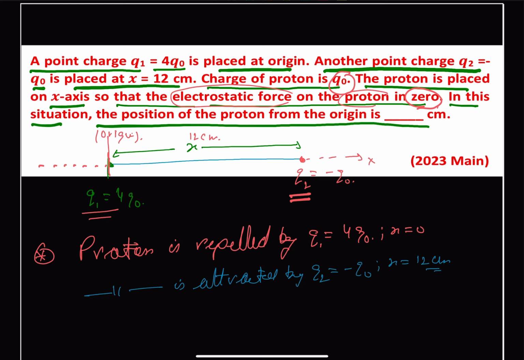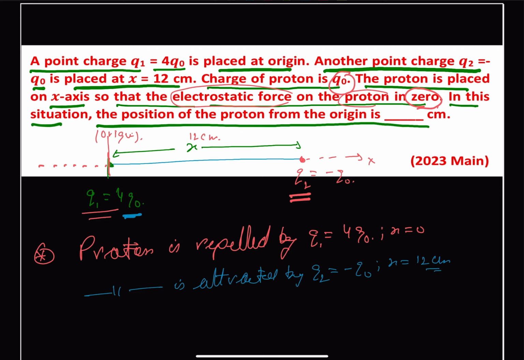We also have to understand that the charge of Q1 is 4 times the charge of Q2, so obviously its repulsion force will be on the higher side as compared to the attractive force by Q2.